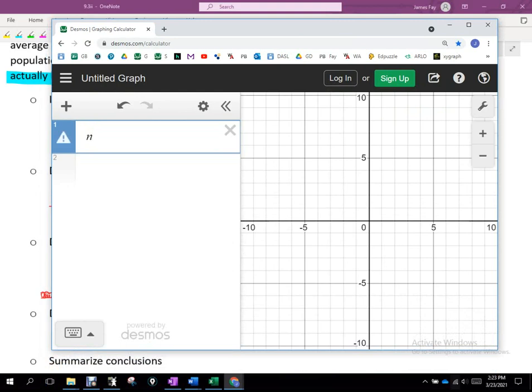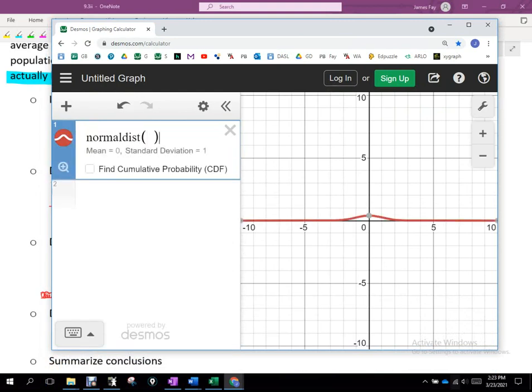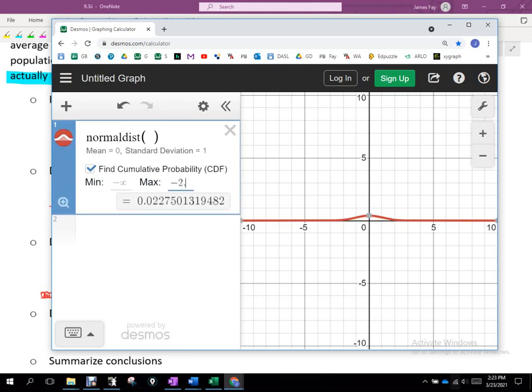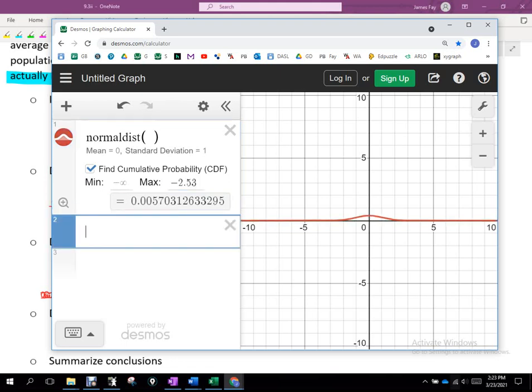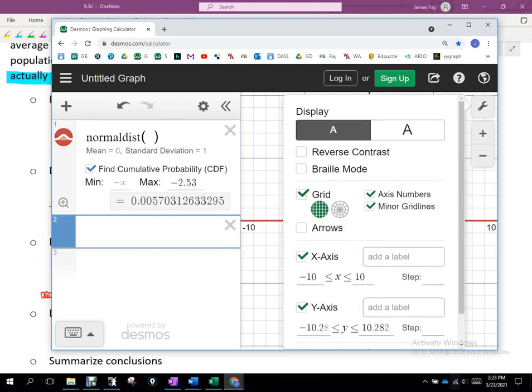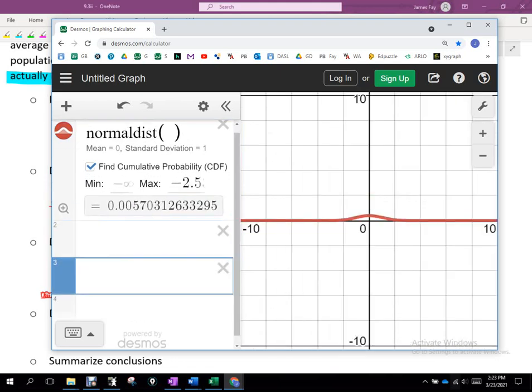So here I want to type in normal dist, leave the parentheses vacant, find cumulative, and we're going to leave that as, because the left tail, we want that to be negative infinity, and this will be the negative 2.53. And you see there that number is identical to the number that was pulled out of the chart, out to 4 decimal places.